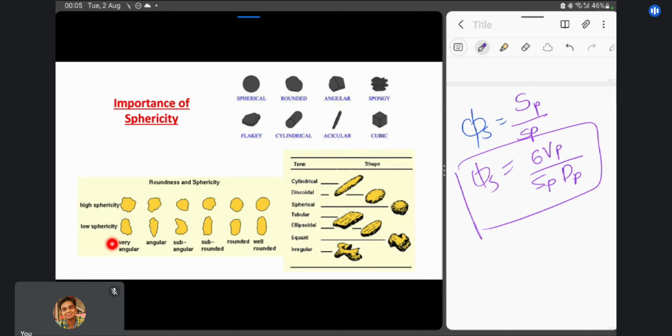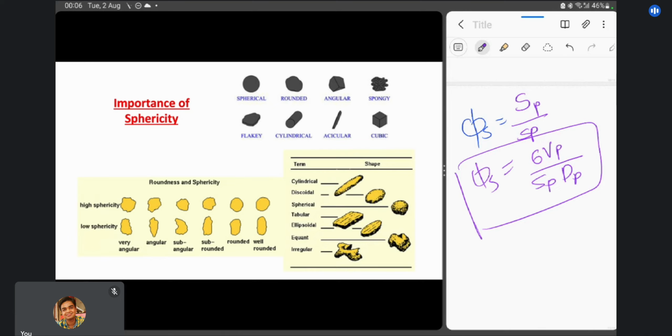It has some angles in it, and some rounded and sub-rounded sides. So sometimes you need to understand which kind of material is well suited for your operation and for your application. According to that you need to understand its properties, and from the properties you will at the end design the whole unit operation.